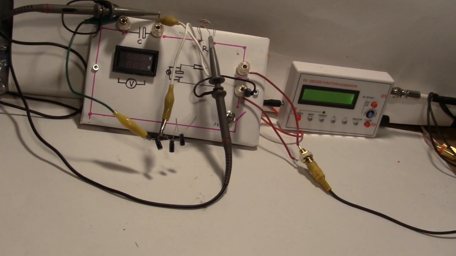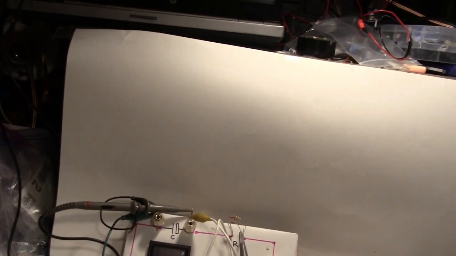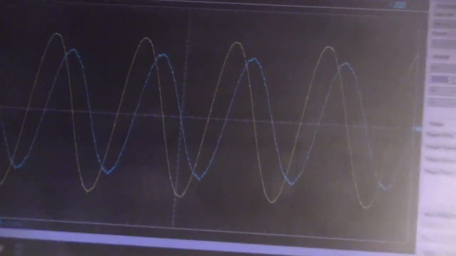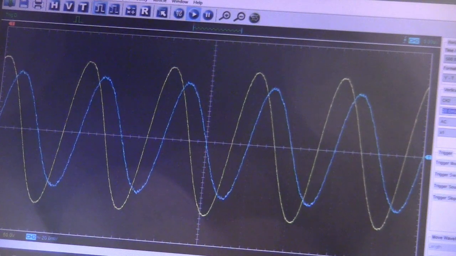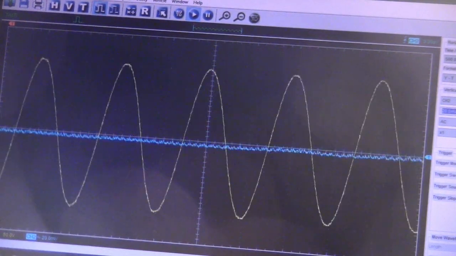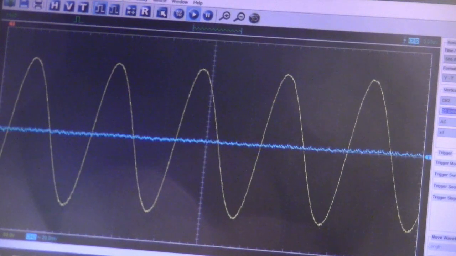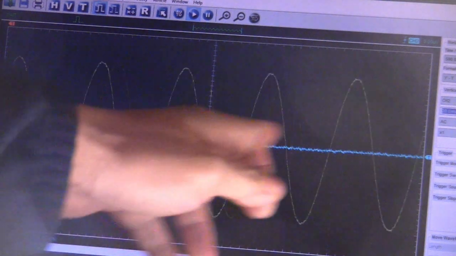Let's take a look at what is showing in the scope. Let me take off the lead connected to the capacitor. Now we see the 1000 Hz sine wave.